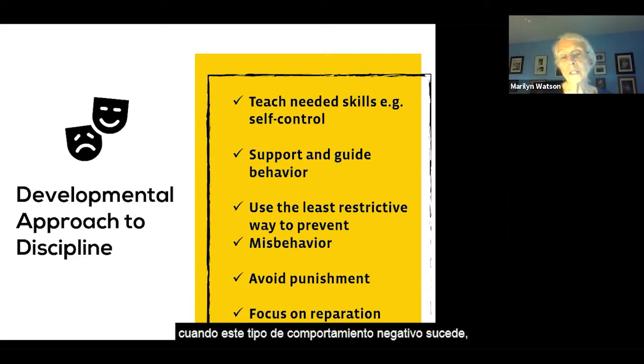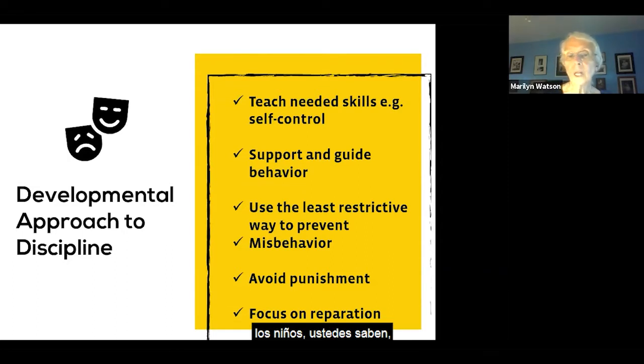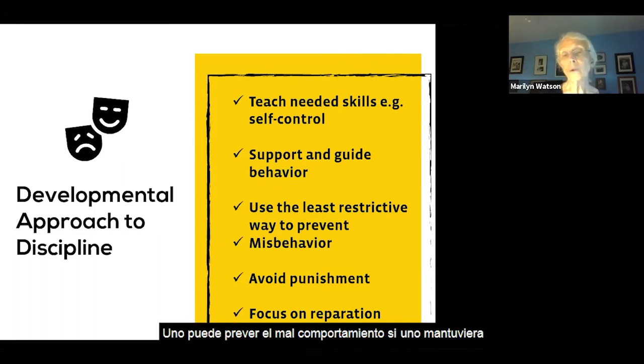The third is when misbehavior occurs, when kids shut their minds and sit down and say, I won't do it, or when they call one another names, or when the myriad of things happen, to use the least restrictive way to prevent misbehavior. So you can prevent misbehavior if you keep all the kids each in their own cupboard, and you don't let them interact.